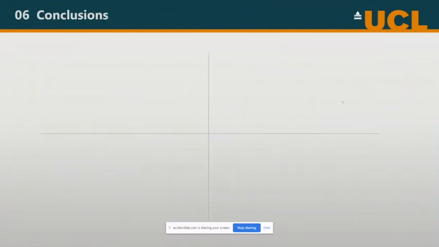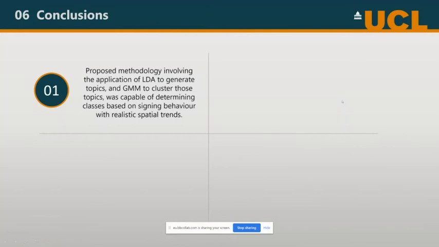Just some conclusions that I came to. The proposed methodological approach, involving the application of latent Dirichlet allocation and a Gaussian mixture model to cluster these topics, was capable of determining classes based on signing behaviour and with realistic spatial trends.